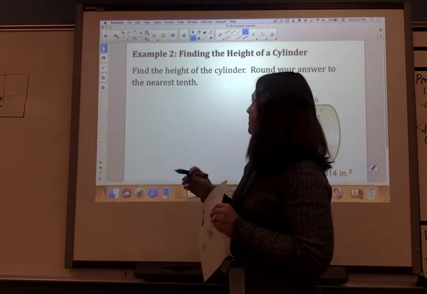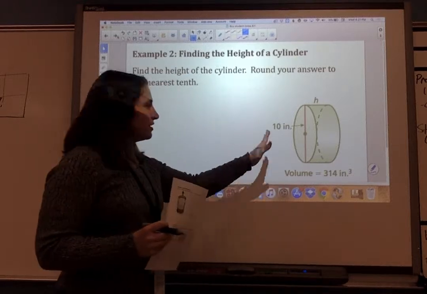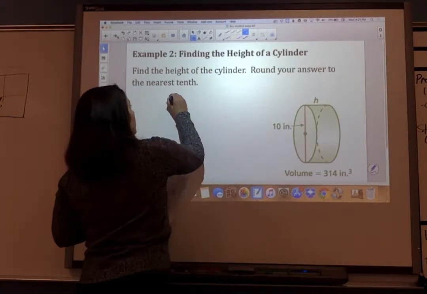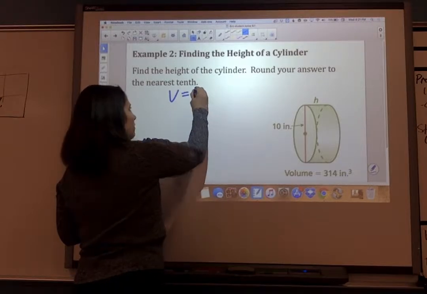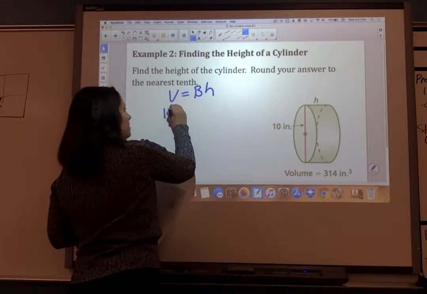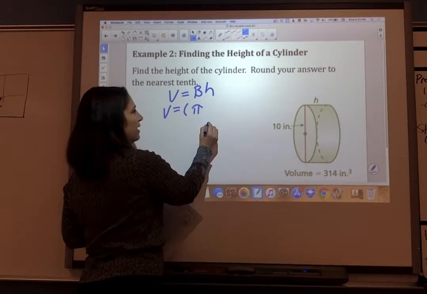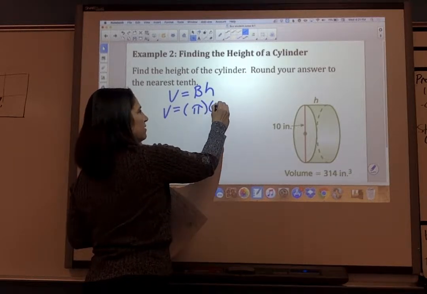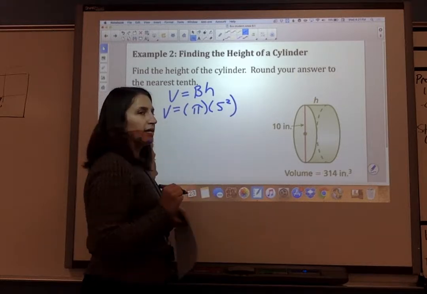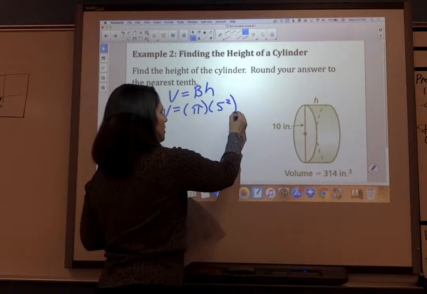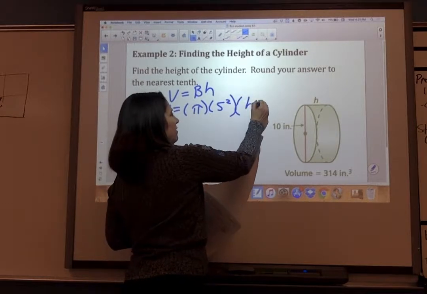All right, in our second example, we have this cylinder that's on its side. We're given the diameter. So we're going to start with volume equals the base times the height, and the base of this circle is pi times 5 squared, because the radius would be 5, the diameter is 10, and we're going to multiply by the height.